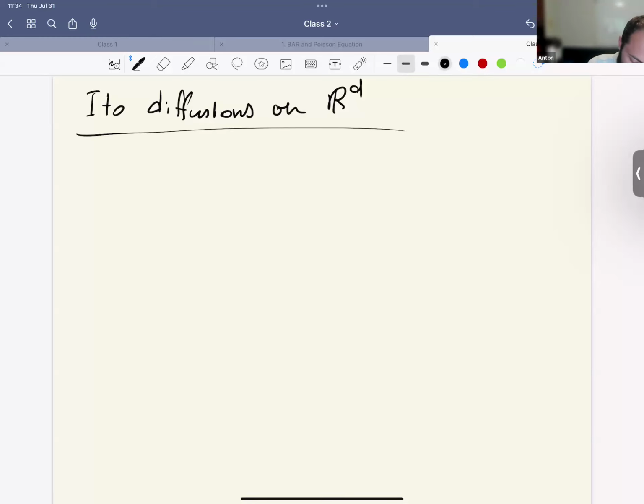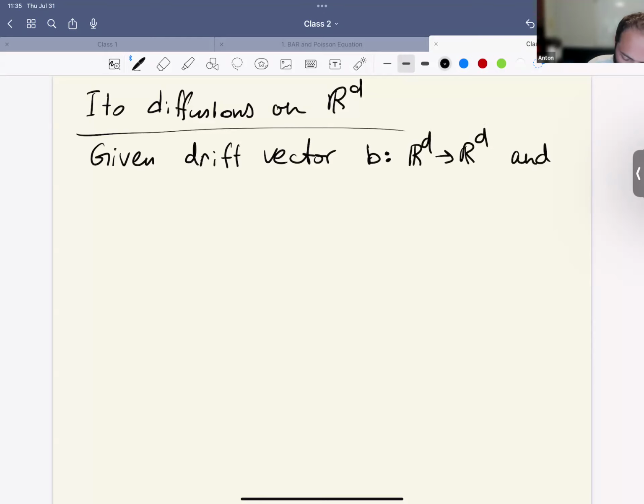Okay, so just to remind ourselves, given a drift vector B, and sometimes this is called a dispersion matrix.